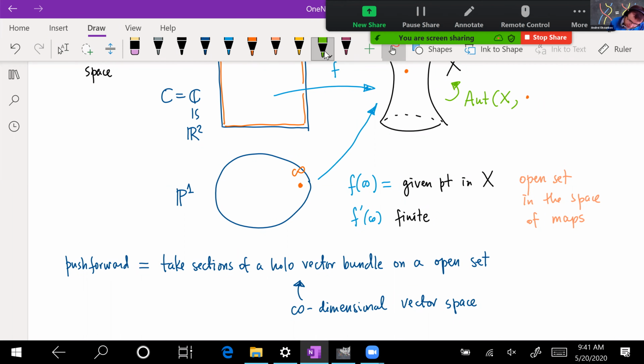And similarly here we have an action of the automorphisms of P1 fixing that infinity. And most importantly, here we have just rotation by Q.